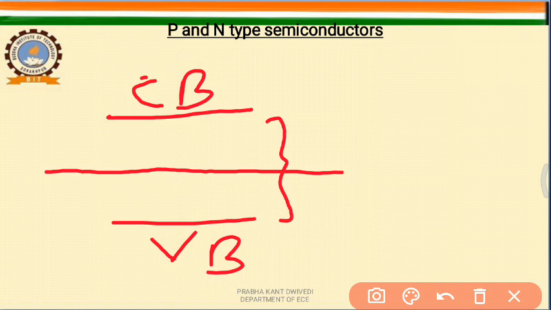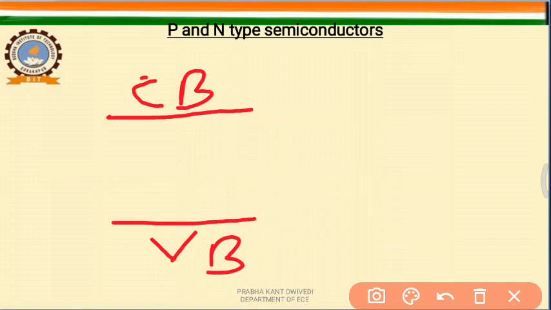But if we are doping certain impurity atoms, if a trivalent atom like gallium is doped in the pure semiconductor, then it creates an energy level near to the valence band.